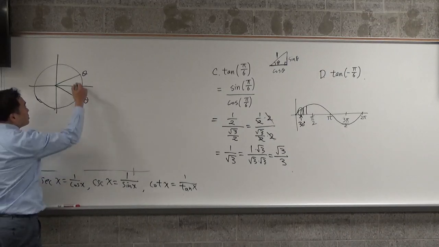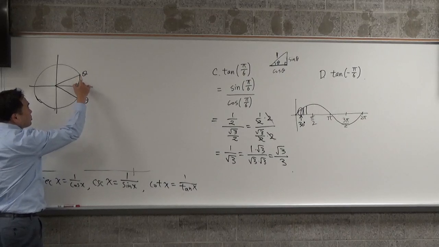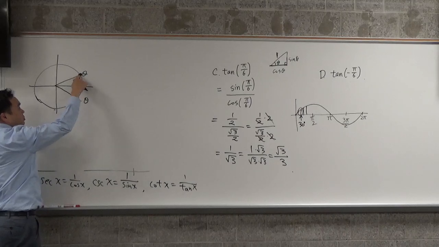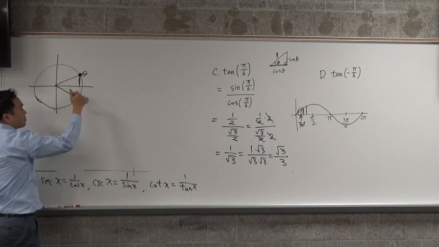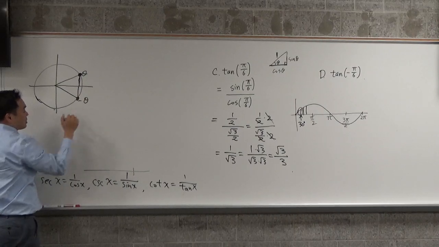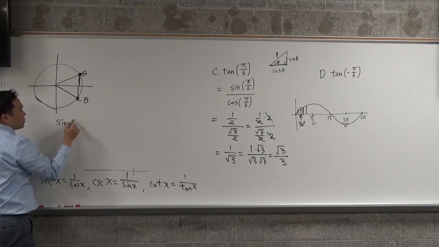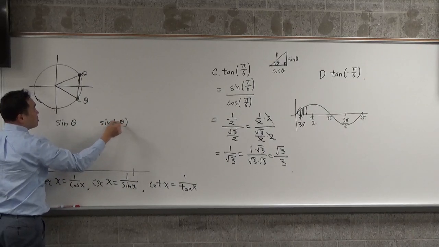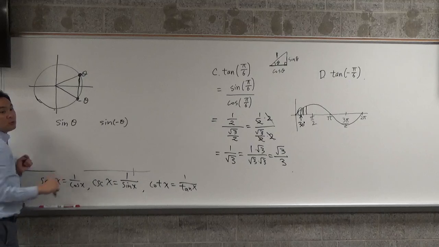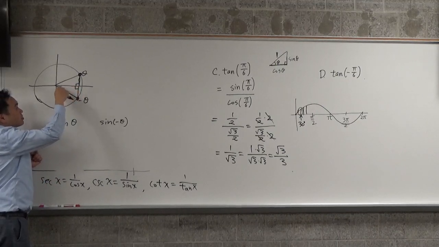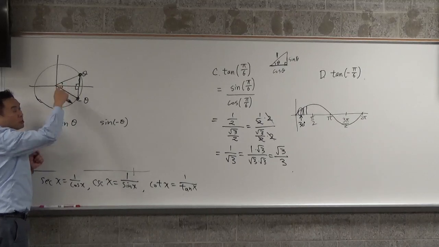Now, you know that the y-coordinate of this point is the sine of theta. The y-coordinate of this point is the sine of negative theta. And if you compare the two triangles, this length and this length, these two lengths are the same because they're both right angles and they have the same angle here, so these are congruent.